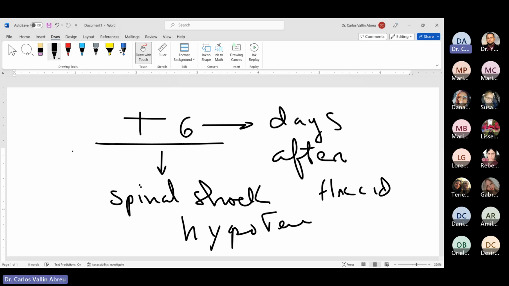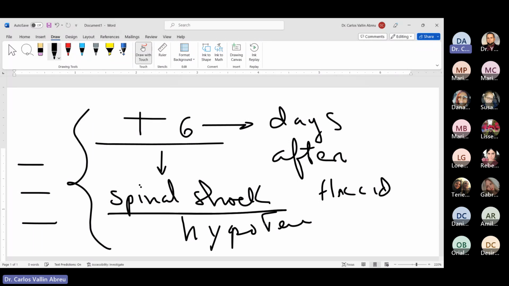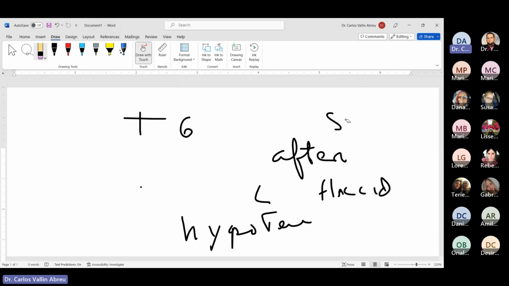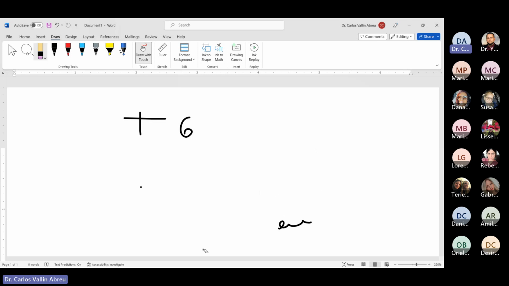In this period, which is going to last, as I said, 1 week, 2 weeks, even 3 weeks, of spinal shock, you don't expect autonomic dysreflexia. But after these 2-3 weeks have passed, after the initial spinal shock, we observe that the vital signs stabilize.